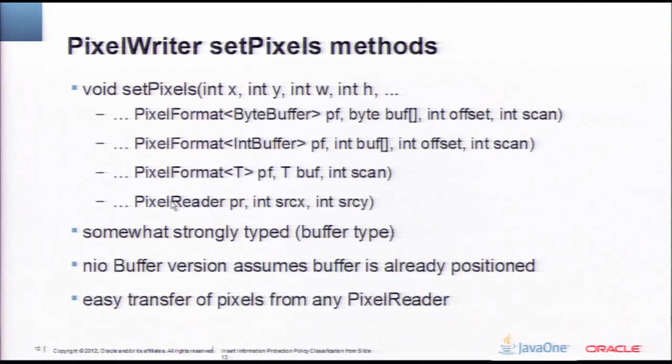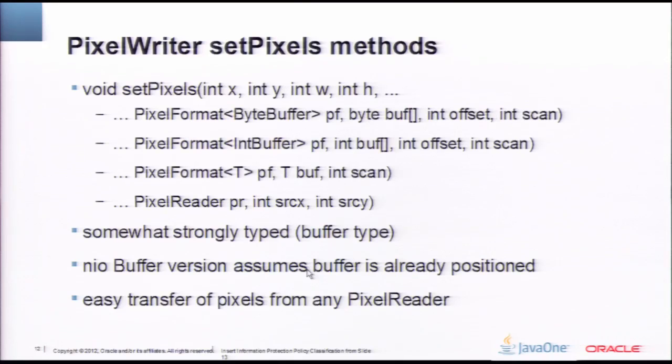And finally, there's a way to hand us a pixel reader you got from someplace else and a source location to use in reference to that pixel reader, and we will extract pixels from a pixel reader directly into our image. Again, it's somewhat strongly typed within the constraints of Java generics.